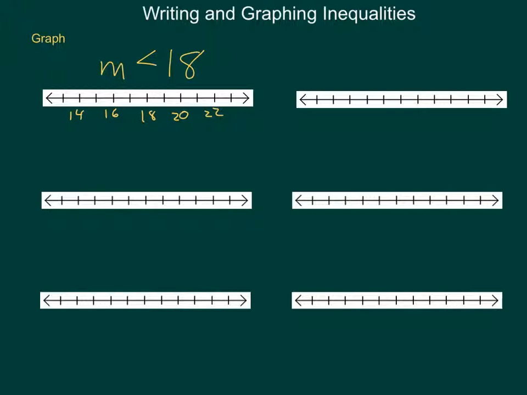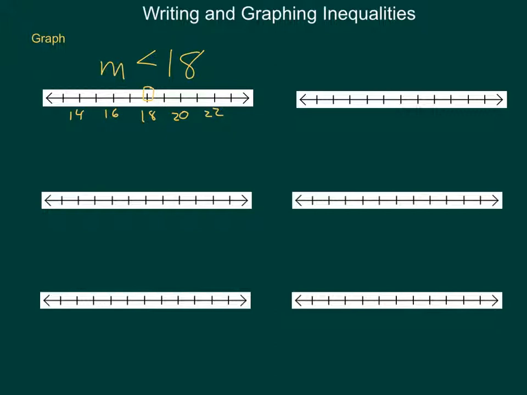So every line that you see represents a value of 1. Next, how do I denote this inequality? Well, m is supposed to be less than. On the number line, items that are to the left are smaller, to the right are bigger. And in order to denote that 18 is not an option, I'm going to draw an empty circle centered at 18.